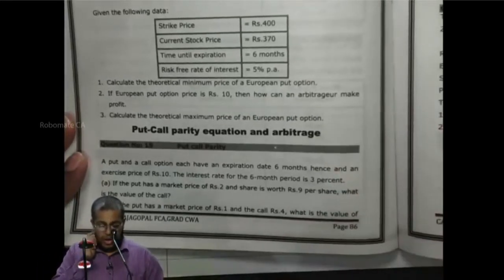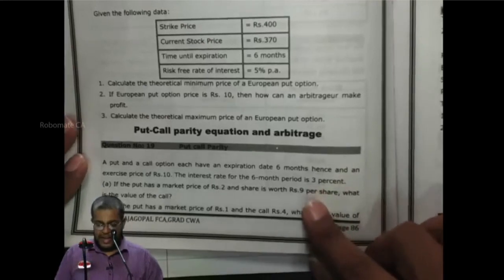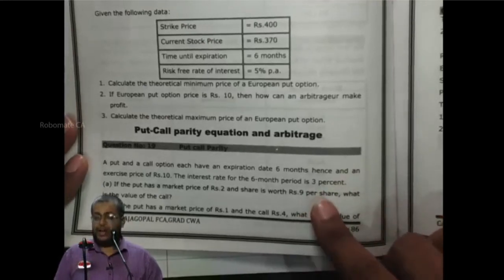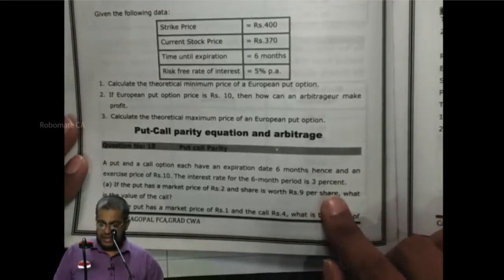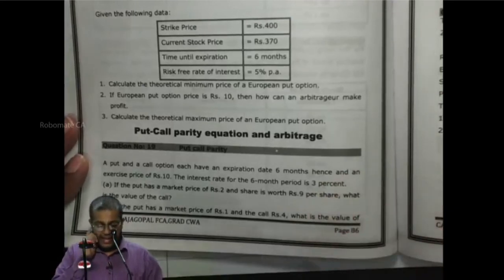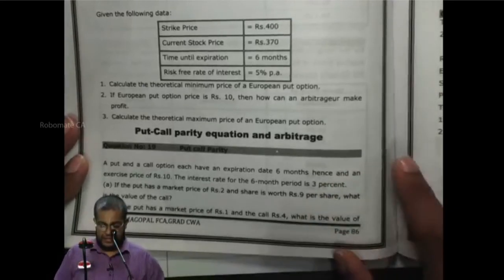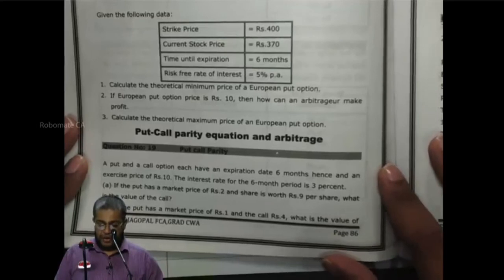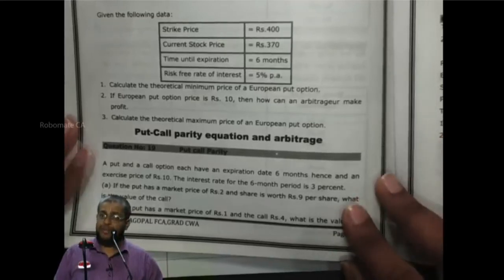A put and call option each have an expiration date of 6 months and an exercise price of rupees 10. Interest rate for the 6-month period is 3%.